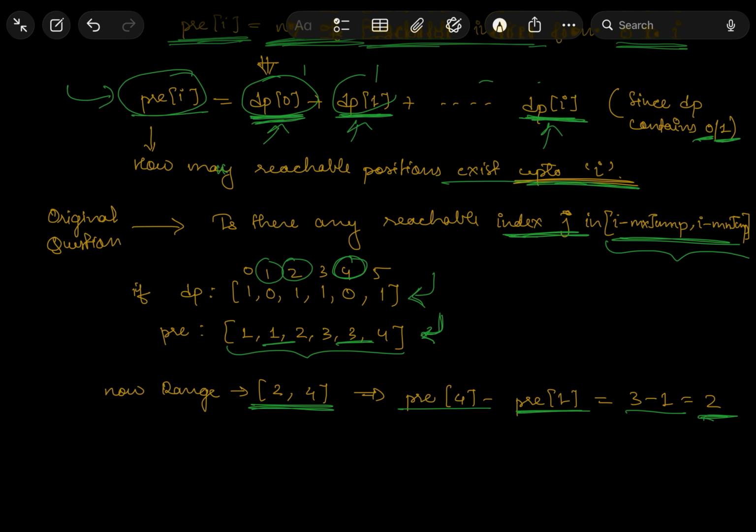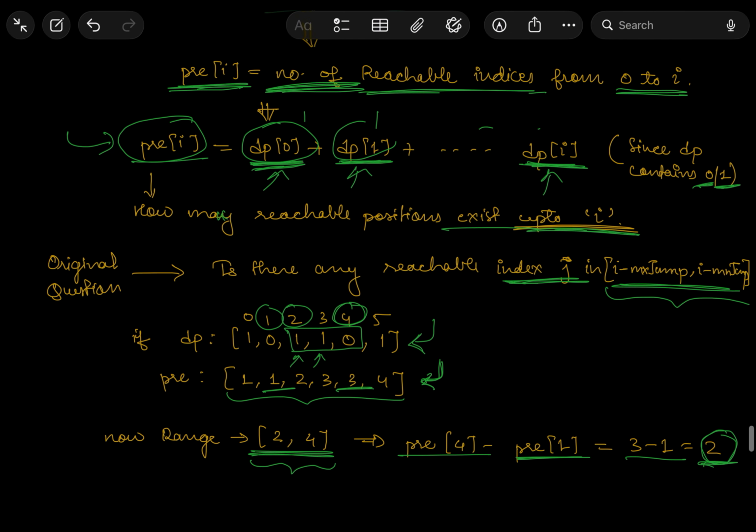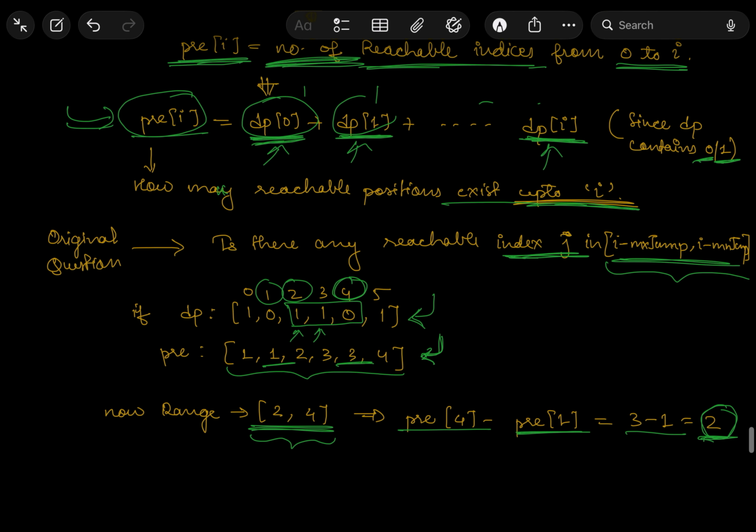In this range 2 comma 4, there are two indexes which are reachable starting from index 0, so this count is coming as true. That is what we needed to do. And using this formula, we will calculate prefix of I every time, and keep calculating the value for dp using the same things as discussed above.